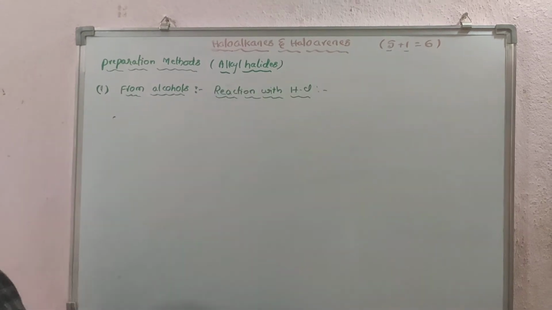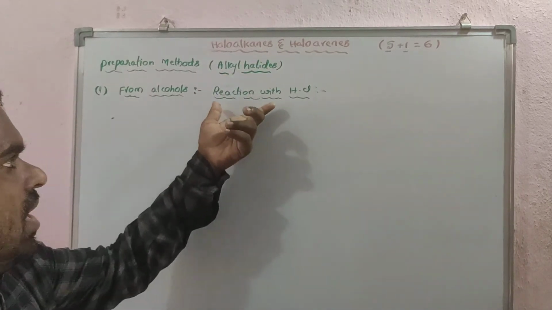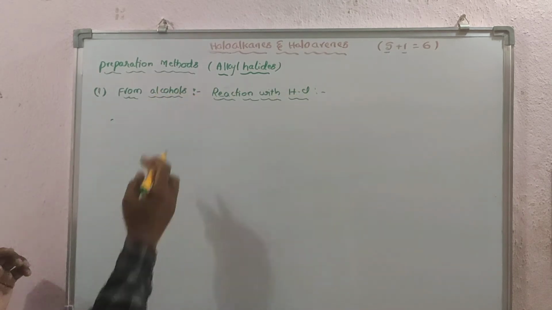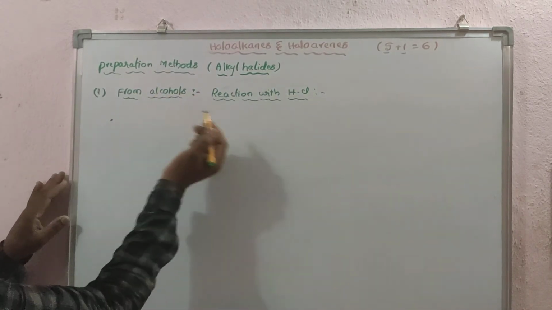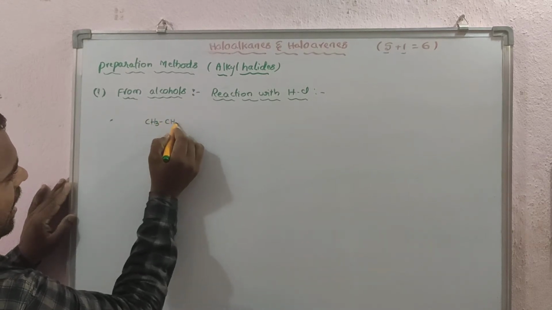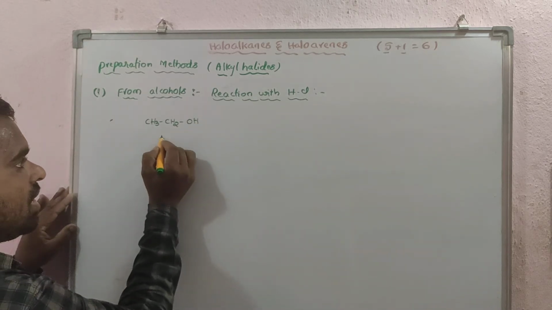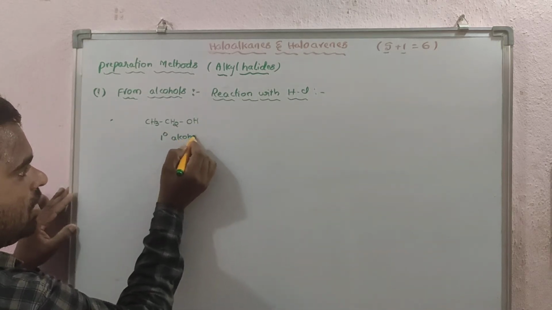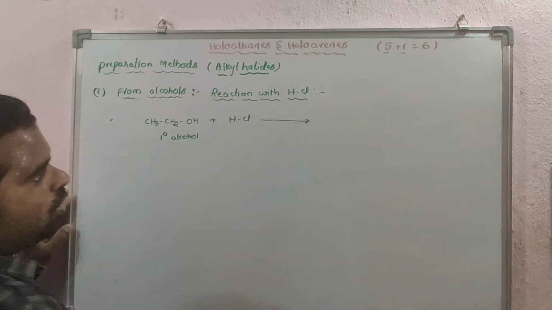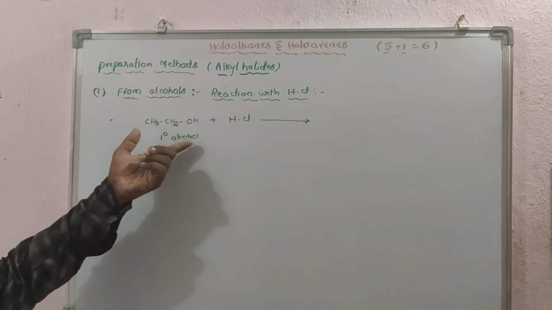So now, I have mentioned the reactivity order of the halogen acids. First, HCl reaction with the alcohol. I will take a simple example. Suppose I take CH3CH2OH. This is which alcohol here? Primary alcohol. When primary alcohol reacts with HCl, you know HCl is less reactive, and primary alcohols are also less reactive.